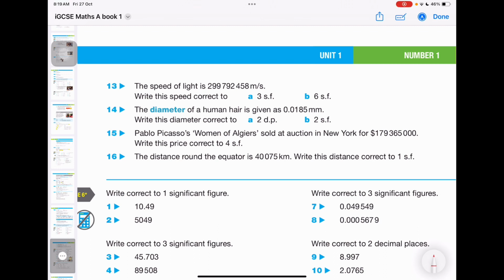For 1 SF, we start from the first non-zero term, which is basically 4. If there are zeros after the first non-zero term, we will include these numbers. So for the first SF, we look at the second SF, which is basically 0. Therefore, we'll round this to 40,000 kilometers.